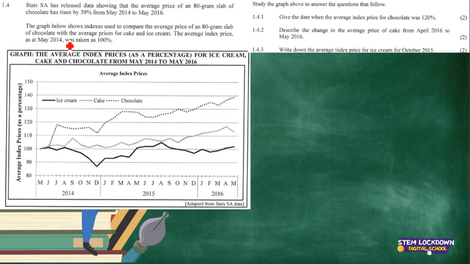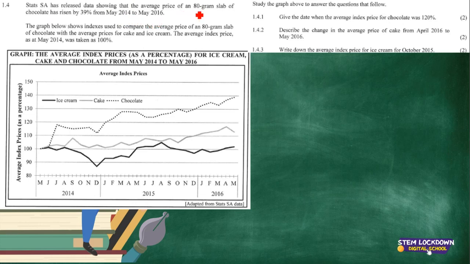Okay, so here's our statement. Statistics SA, obviously this is an organization which collects stats for the South African government, has released data showing that the average price of an 80-gram slab of chocolate has risen by 39% from 2014 to 2016.